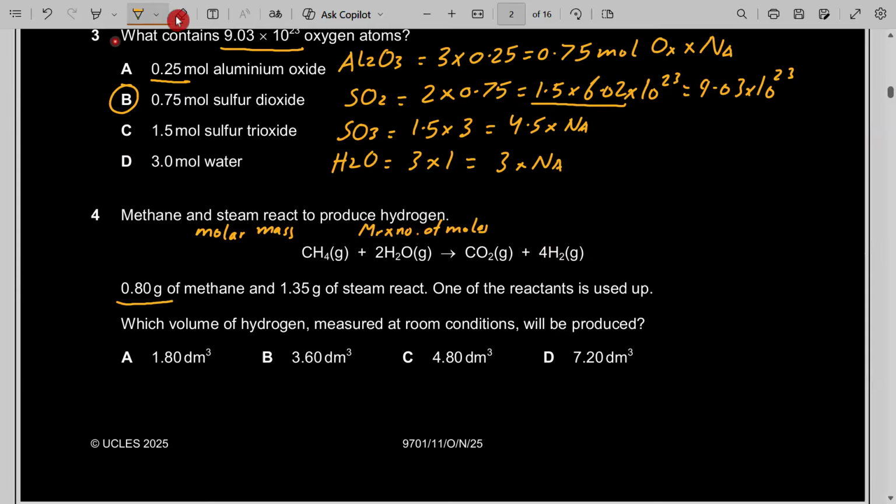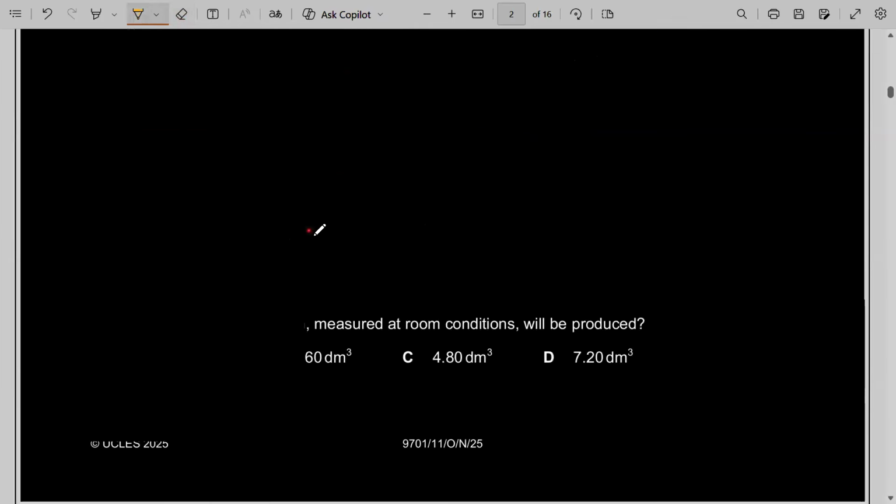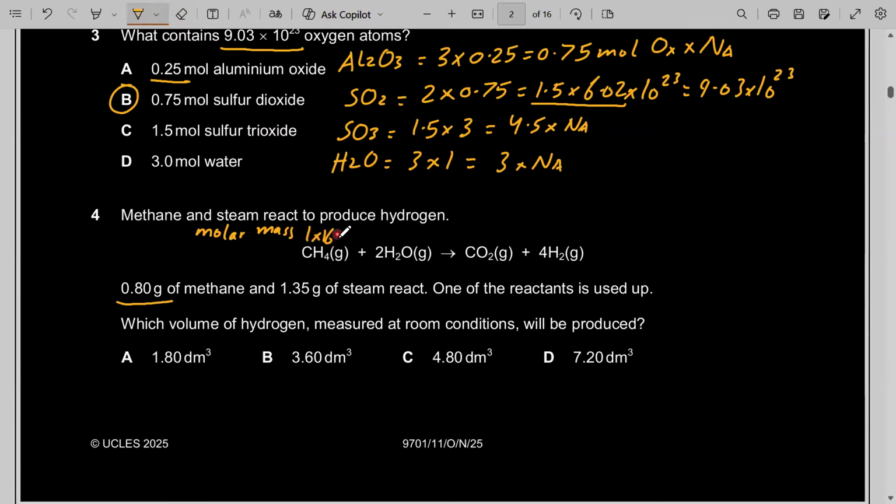For methane, we know it's just 1 mole, and the Mr of methane is 16, so it will be simply 1 times 16, which is 16. For water, it is 2 times 18, which is 36. And for hydrogen gas, it is 4 times 2, equivalent to 8. So these are the molar masses, 16, 36, and 8.